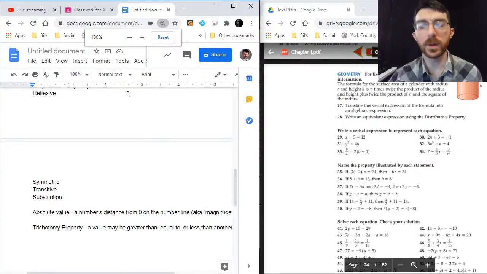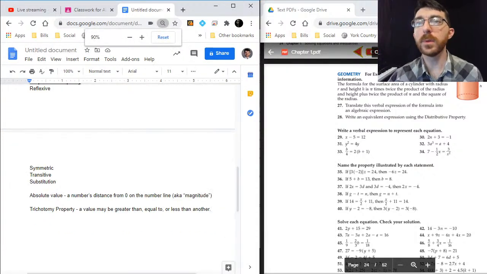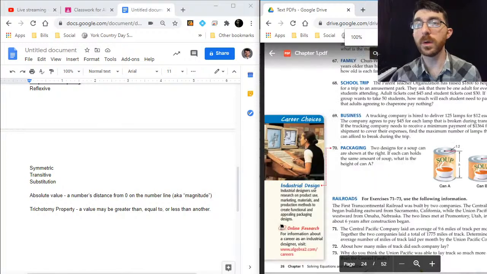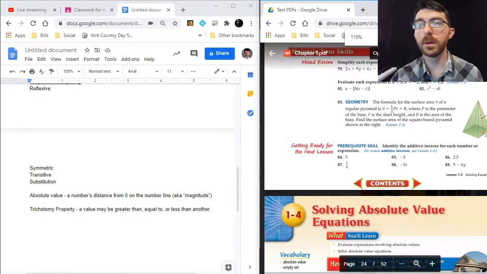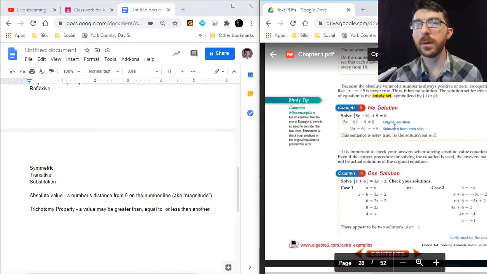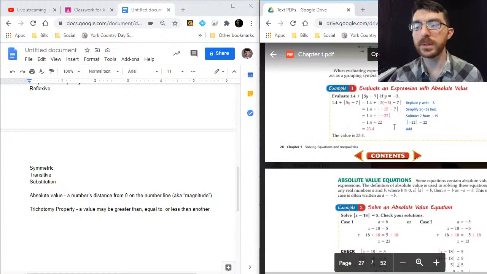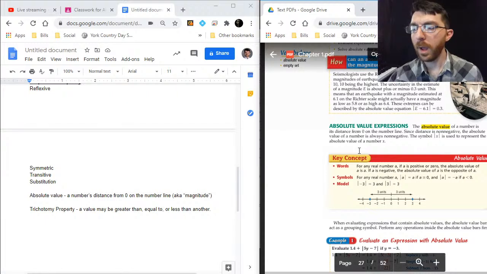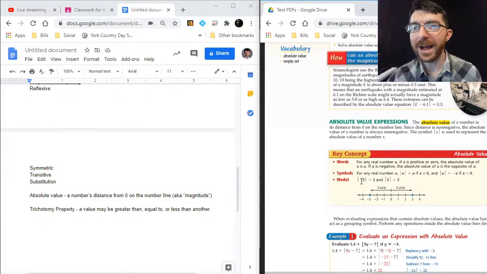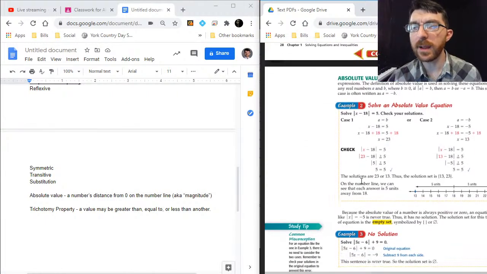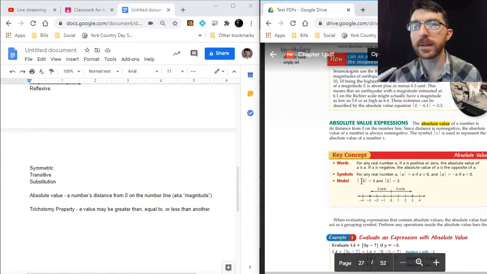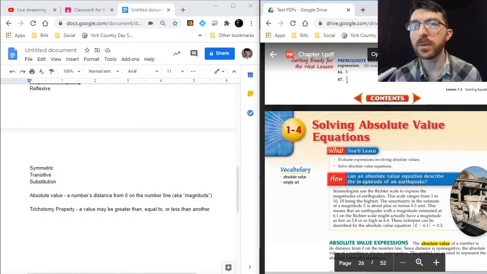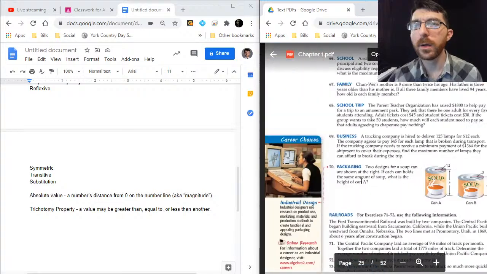Oops, that wasn't the one I wanted to zoom in on. I wanted to zoom in on this one. There we go. Where are those properties of equality? Property order. There was a box of properties, and anytime there's a box of properties, I'd expect to find it in there. Did I go too far? No, I didn't go too far.